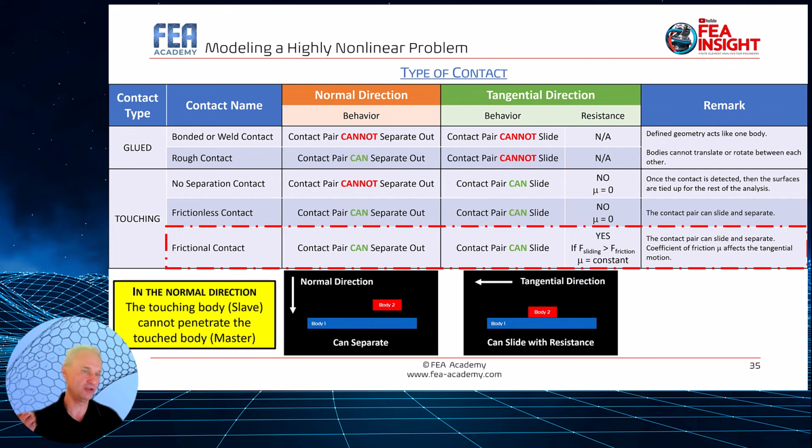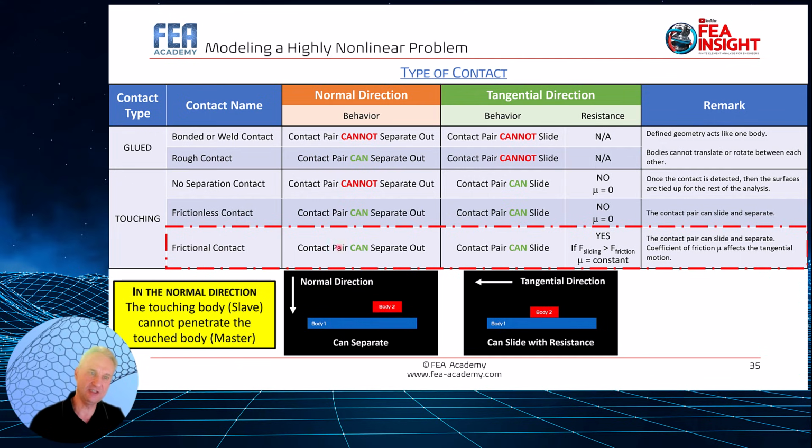Here, it is not the nature of our problem. In our problem, the contacts are not glued contacts. They are touching contacts because you can have separation and you can also have friction. It is the last type of contact here you have on the plate. So it is a touching contact with friction.